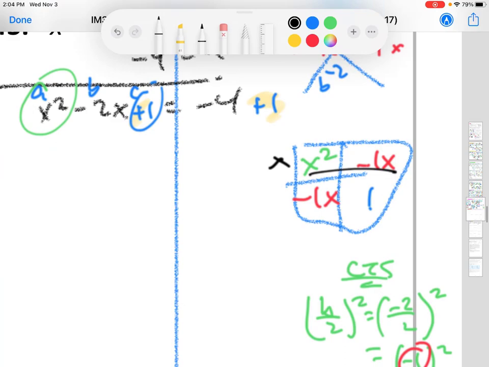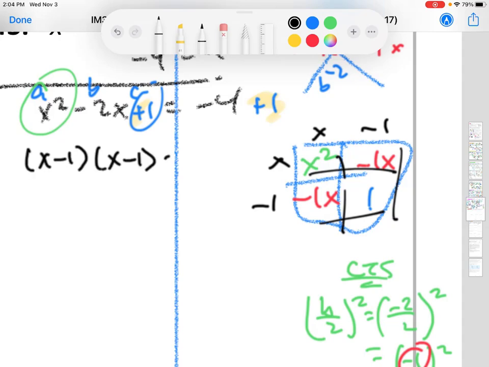Greatest common factor. Let's take the square root.